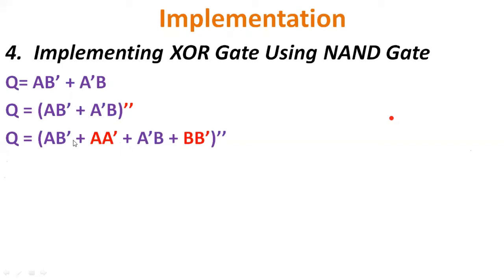I want to take a common from the first two terms and b common from the third and fourth terms. So what will remain inside? Only the complemented variables. I want to take the complemented variables inside the bracket. That's why we added a into a bar and b into b bar to these terms.